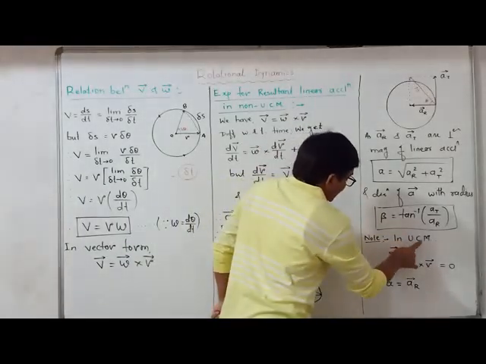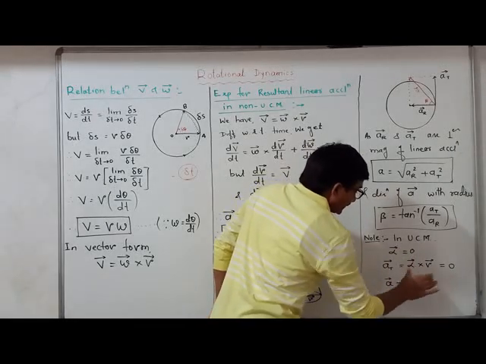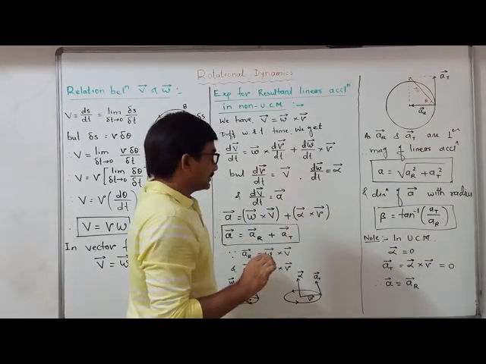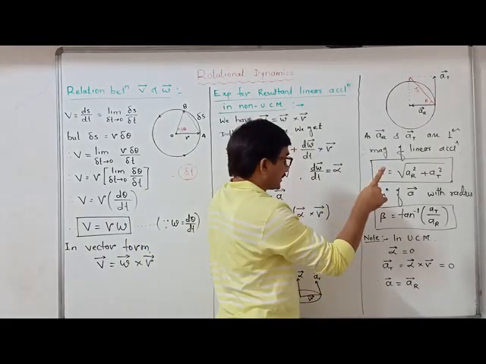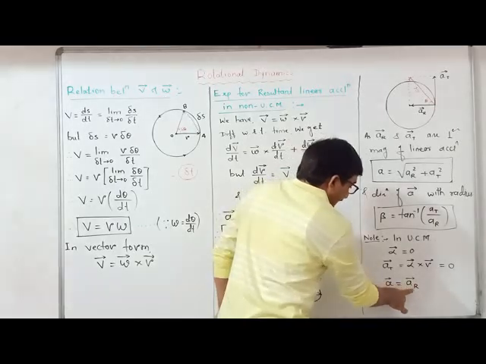In a UCM, total linear acceleration is equal to the radial acceleration. In short, in a UCM only one acceleration is produced, that is radial acceleration.